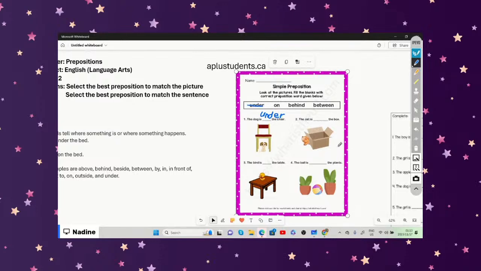Look at the cat. The cat is hiding, right? The cat is the box. So where is this cat hiding? Is it on the box, behind the box, or between the box?